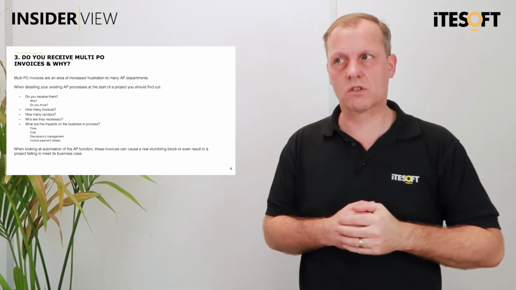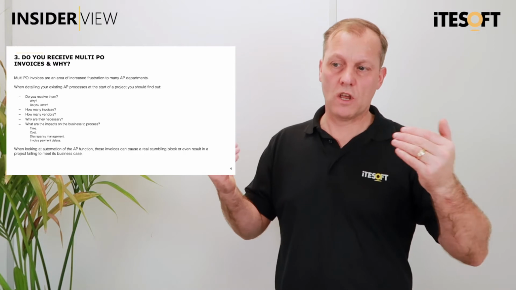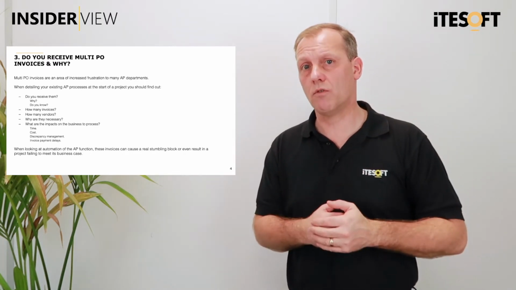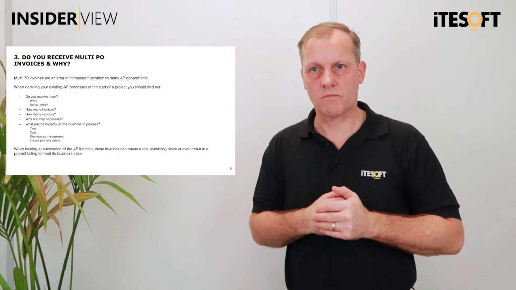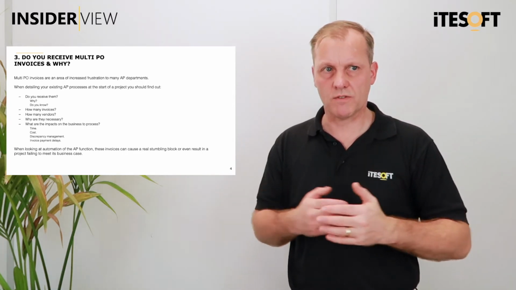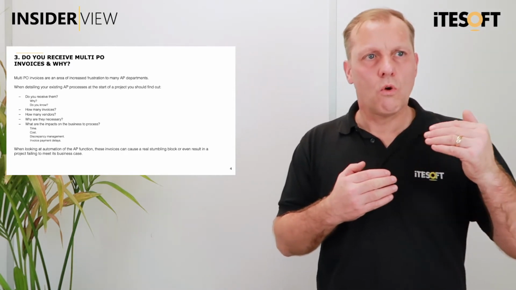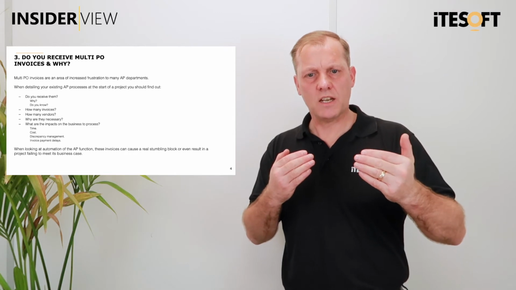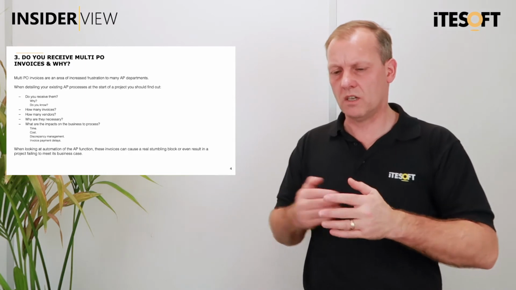I've come across other organisations where it could be a complete flip of that, where 80% of the PO invoices come in as multiple POs on the one invoice, which creates huge amounts of issues. So, are they really necessary? Are they really needed within your organisation to be delivered to you the way that they are being delivered?